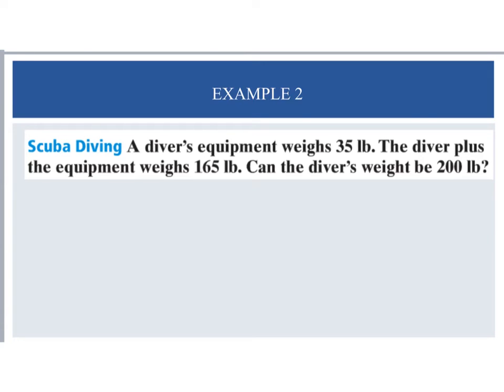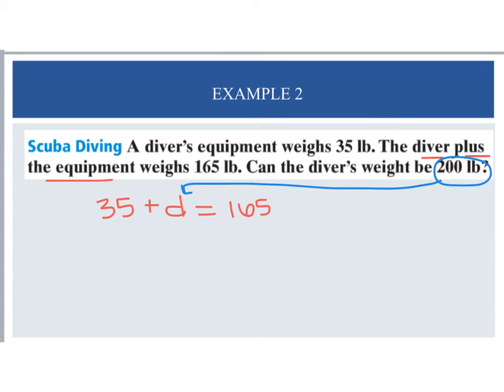For the next example, it says a diver's equipment weighs 35 pounds. The diver plus the equipment weighs 165 pounds. Can the diver's weight be 200? Essentially we have the equipment, 35 pounds, plus the diver, or D, equals 165 pounds. So what this is asking is, is 200 a solution for the diver's weight?